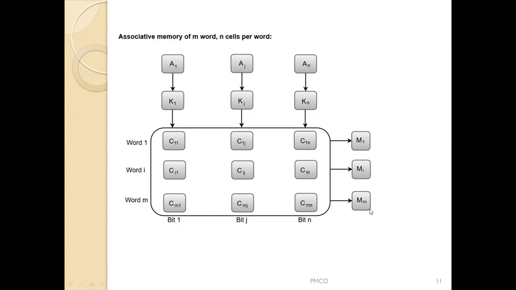So M1, M2, etc. up to Mm. If one or more of the unmasked bits of the argument and the word do not match, then Mi is cleared to 0. So that is about the associative memory.